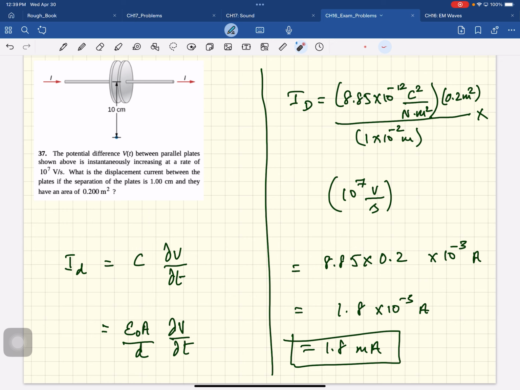Okay? And generally you've seen that capacitors, depending on the time constants, will charge fairly quickly. And so that's the current while they're charging. That's the order of the current. Milliamps.